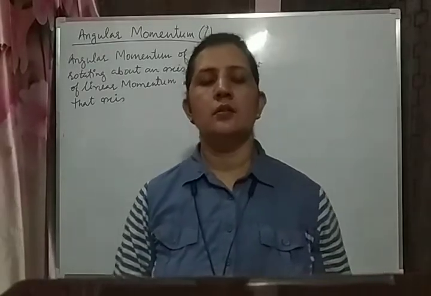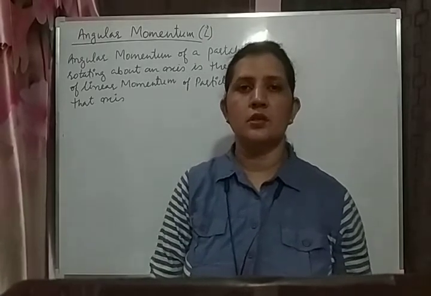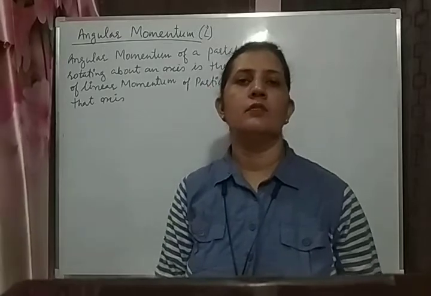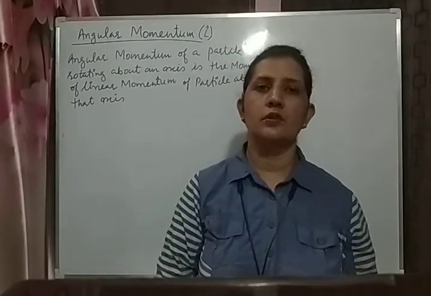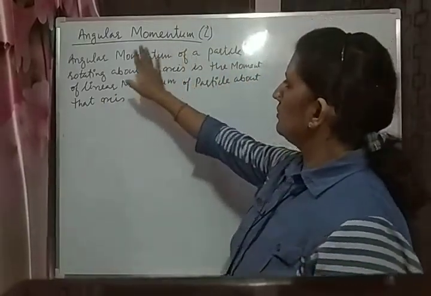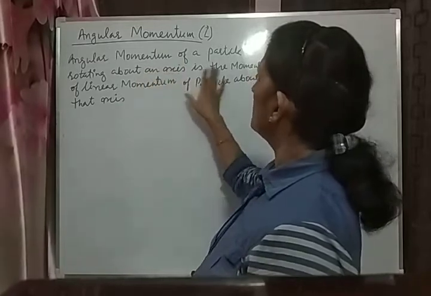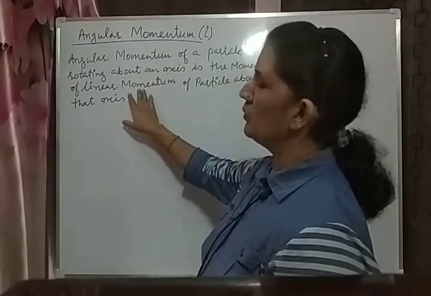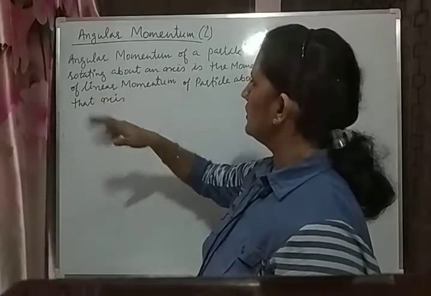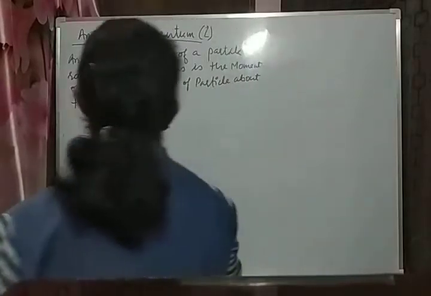The moment of force means the effect of force, and the moment of linear momentum means the effect of linear momentum on the position of the object. Now how can we define the angular momentum? The angular momentum of a particle rotating about an axis is the moment of linear momentum. Moment of linear momentum means how the linear momentum is affecting the body, its rotation about that particular axis.